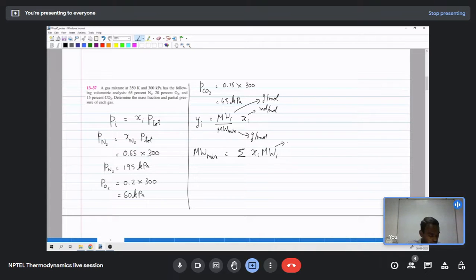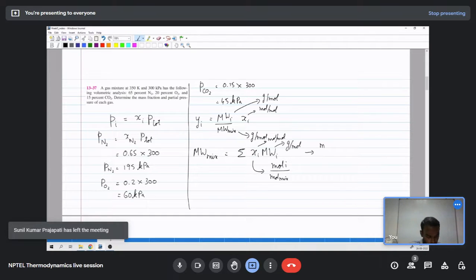So this is in gram per mole and this is in mole per mole. This is mole of I divided by mole total or mixture. So now if we multiply this gram per mole with the mole mixture, we will get finally gram of the mixture by mole of the mixture.